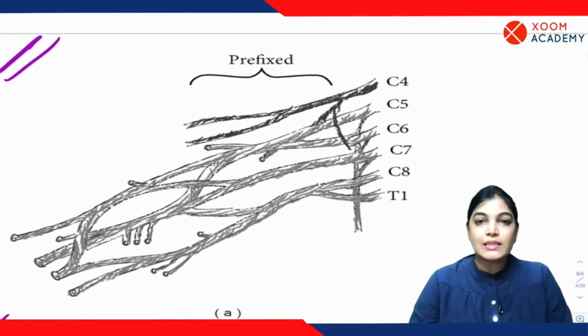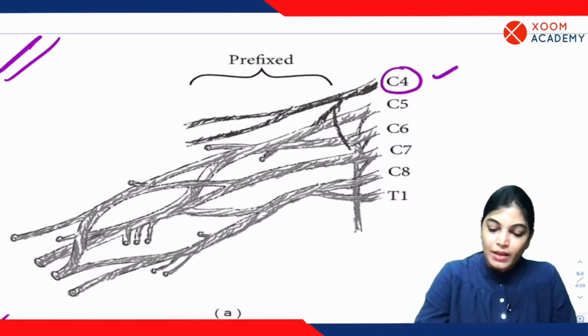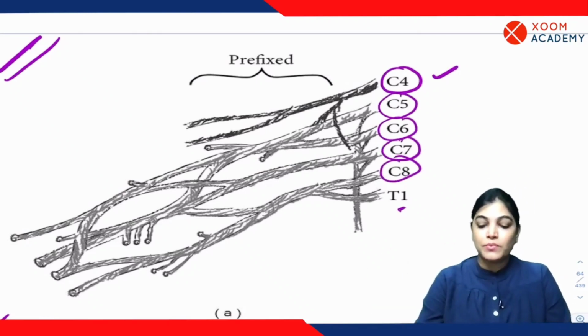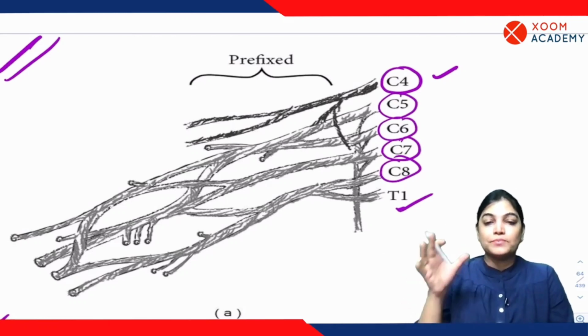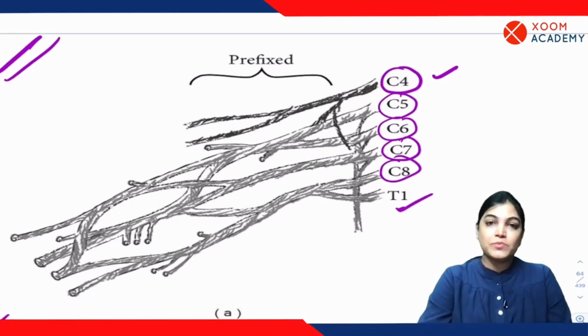Just see this diagram where the prefixed brachial plexus has been shown to you. Can you appreciate here the brachial plexus is formed taking contribution from C4, C5, C6, C7, C8, and a very minor contribution is taken from T1. So if the contribution of C4 is prominently taken in the formation of brachial plexus, this type of brachial plexus is called prefixed brachial plexus.